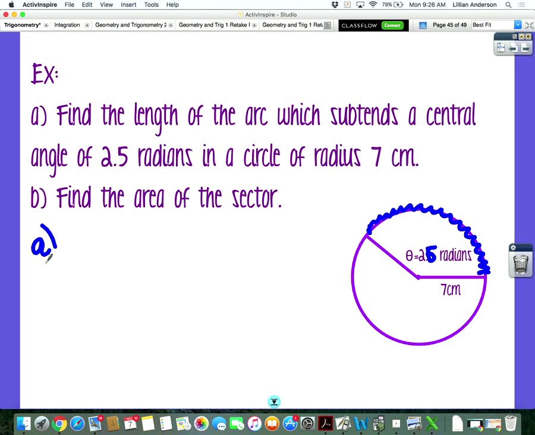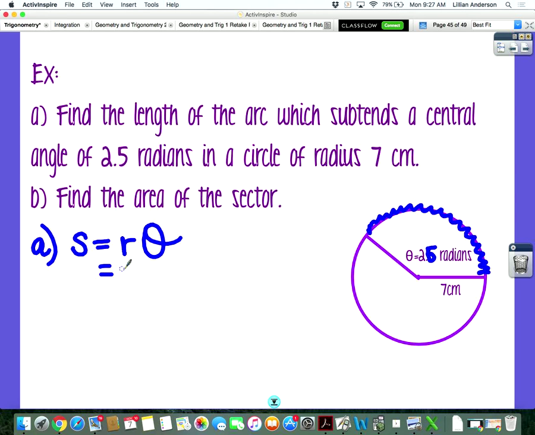It's very simple. Use the formula for arc length, which is S equals R times theta, making sure that theta is in radians. The angle is in radians, so we don't have to worry about any switching over.